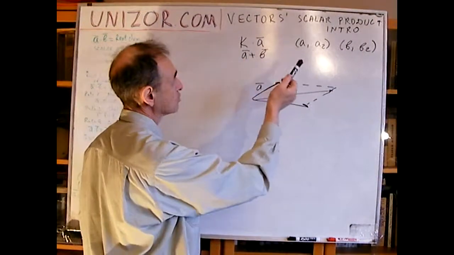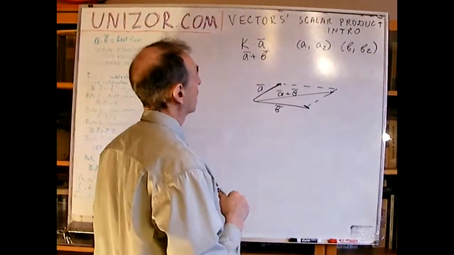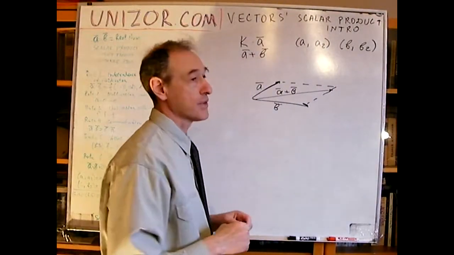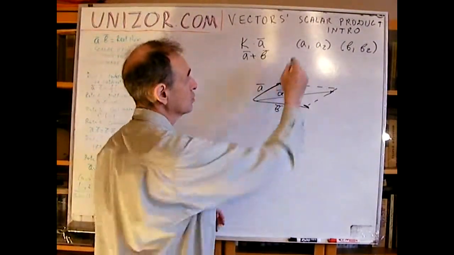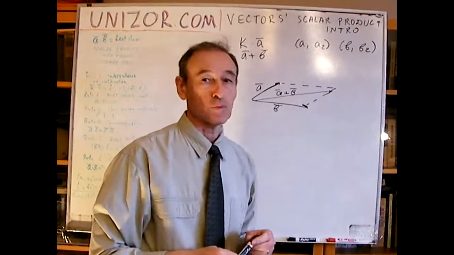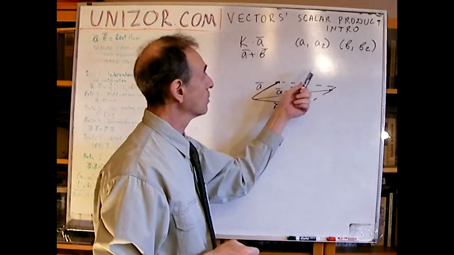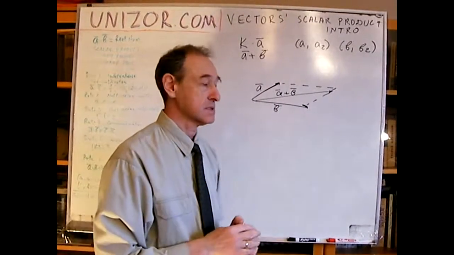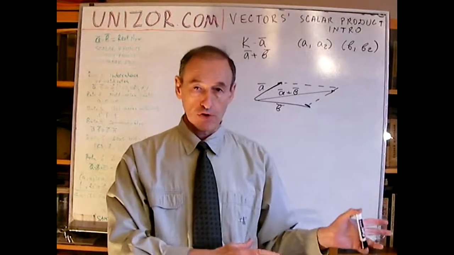Then multiplication by a constant means actual multiplication of each component, because that actually gives you the proper lengths without changing the direction. And in case of addition, you just add correspondingly x and y coordinates. So the sum would be a1 plus b1 as an x coordinate and a2 plus b2 as y coordinate. In three-dimensional case, it's the same. Now, these are old operations which we have learned.